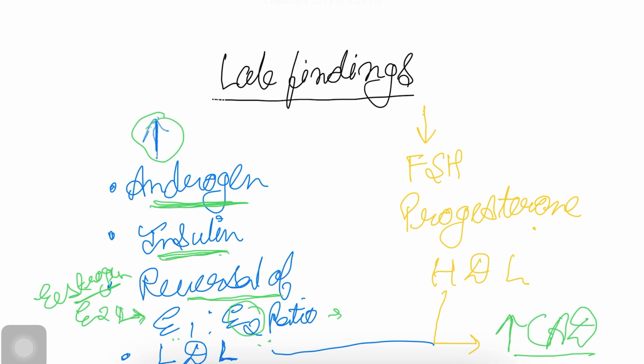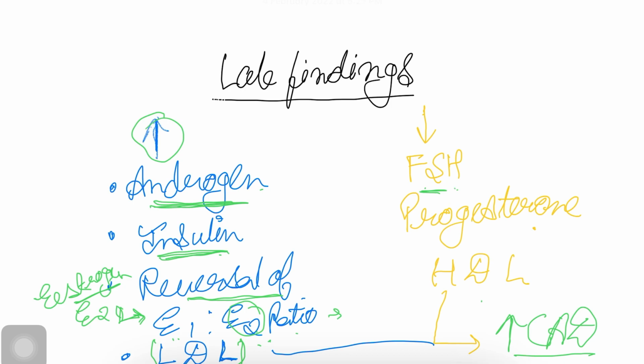functionality is decreased, and there will be an increase in the level of LDL. Androgen increases the level of LDL and decreases the level of HDL. There will be increased estrogen. Estrogen has a negative feedback on FSH, so FSH decreases.